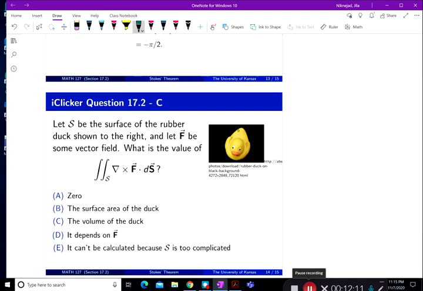And so what happens is that if you draw a boundary or a belt for the rubber ducky, the belt is going to divide the rubber ducky into two surfaces. One surface, the tail and all, and one surface, the head and all. So two surfaces.